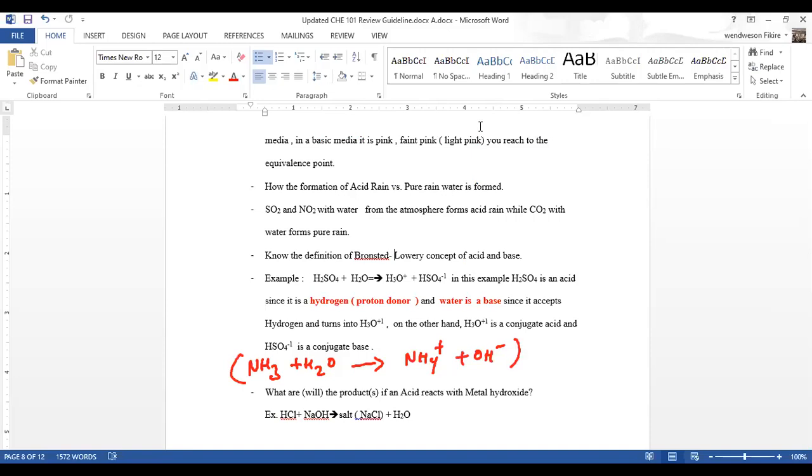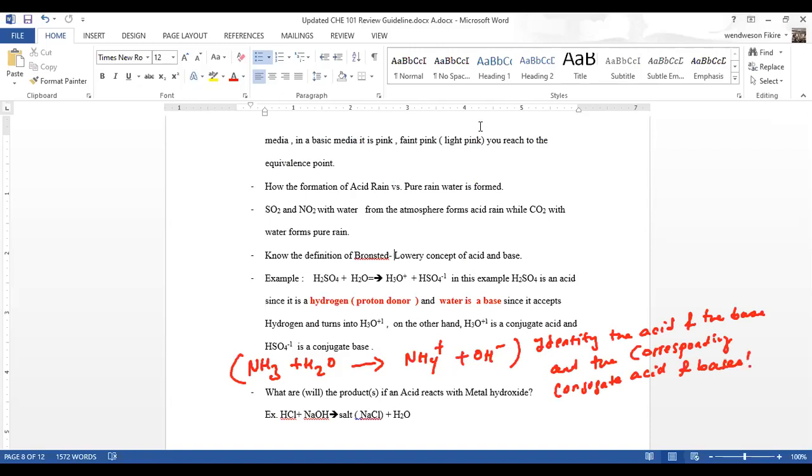Identify the acid and the base and the corresponding conjugate acid and base. Okay, so who can answer these questions, please?